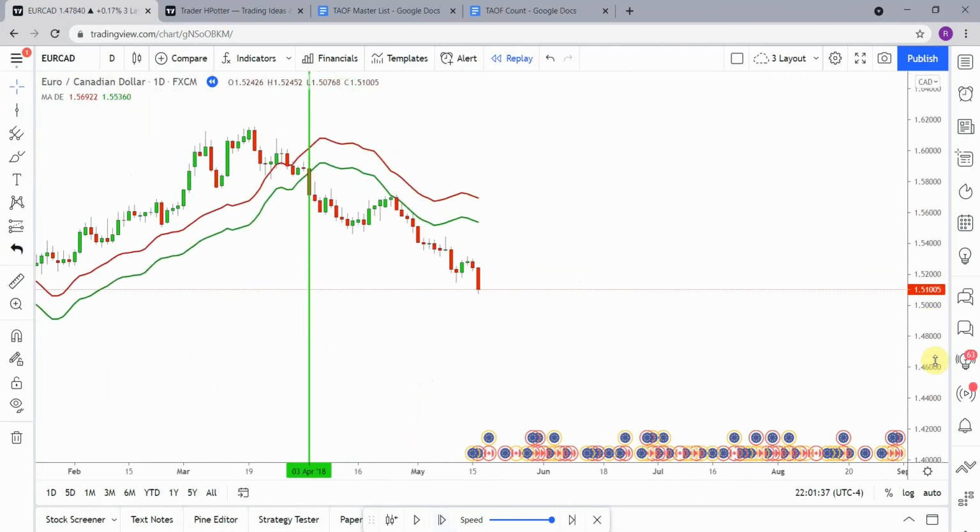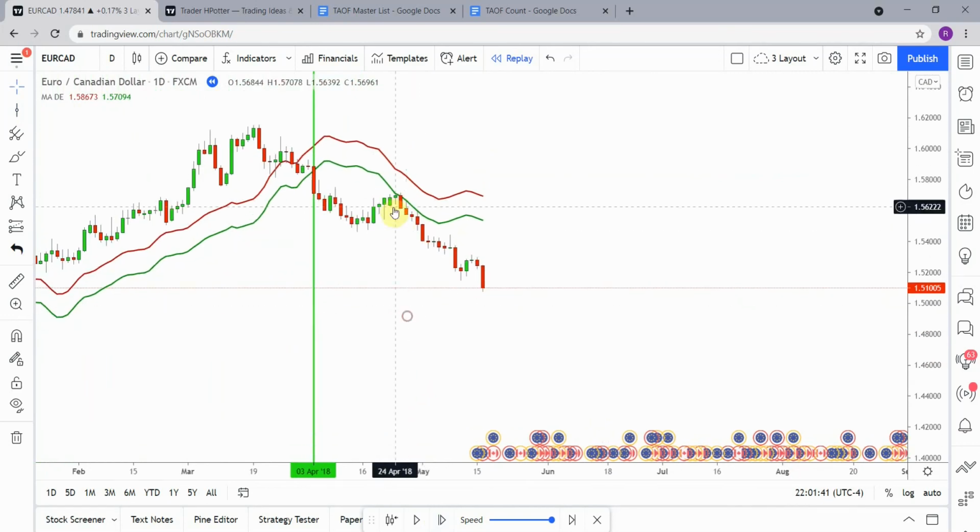Let's see. So it looks like this one right here. Let's just double check the opening of this candle here. The opening is going to be 1.5696, and it looks like the moving average was at 1.5690.